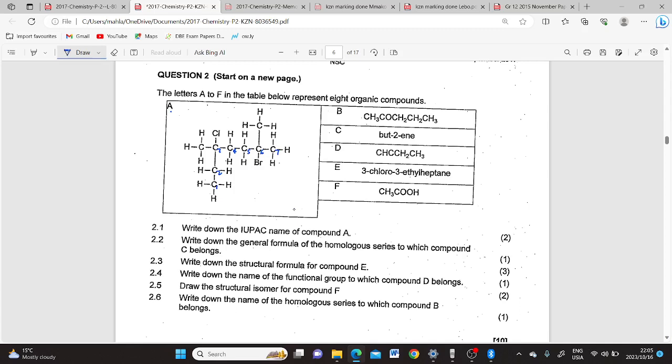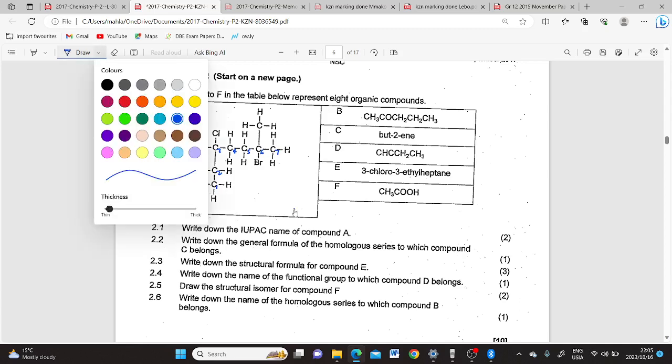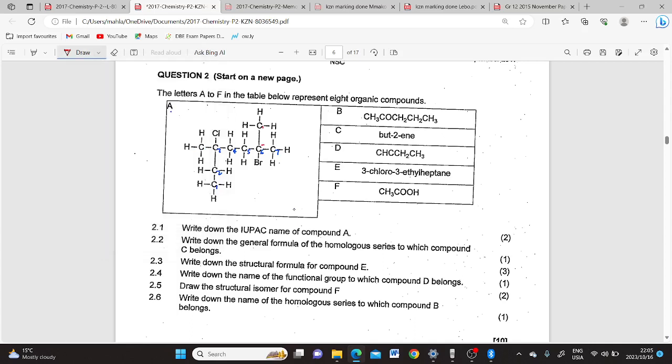Now if you count the other way around, we still have 1, 2, 3, 4, 5, 6, 7. So this will be the longest chain of our structure. So we have 7.